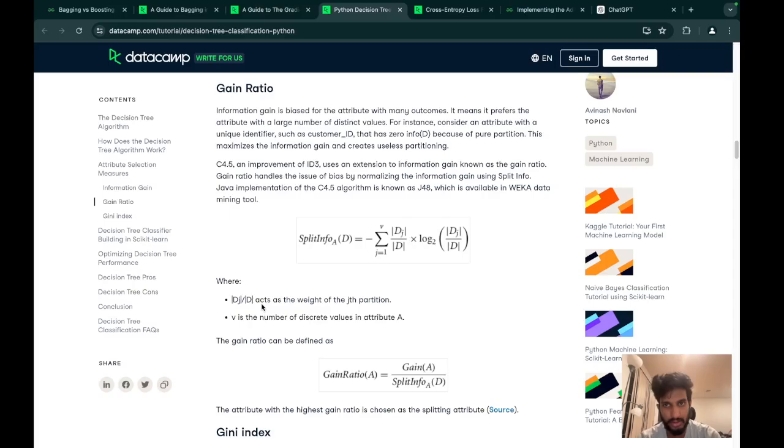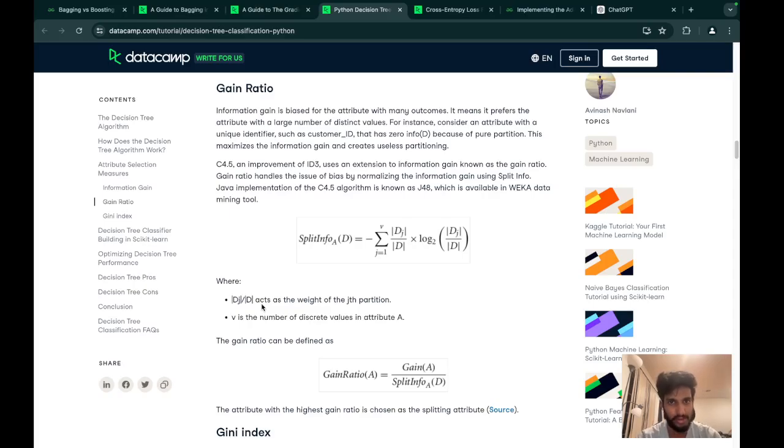It means it prefers the attribute with a large number of distinct values. For instance, consider an attribute with a unique identifier such as customer ID that has zero info because of pure partitions.